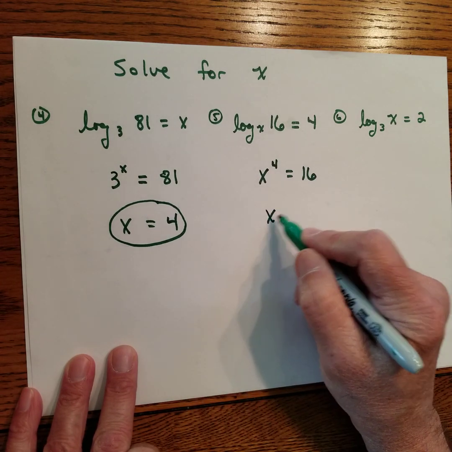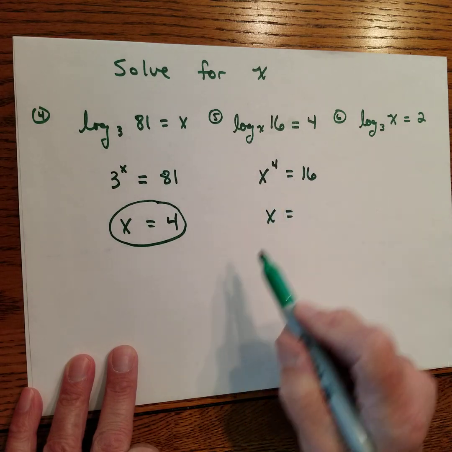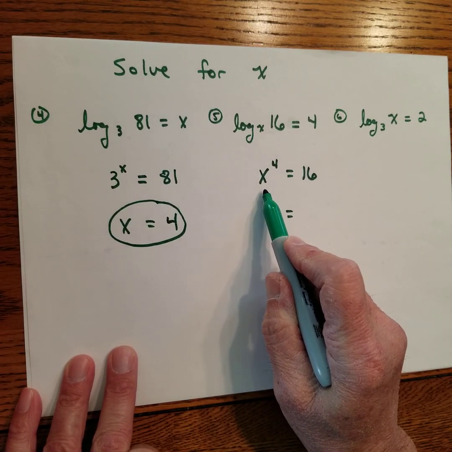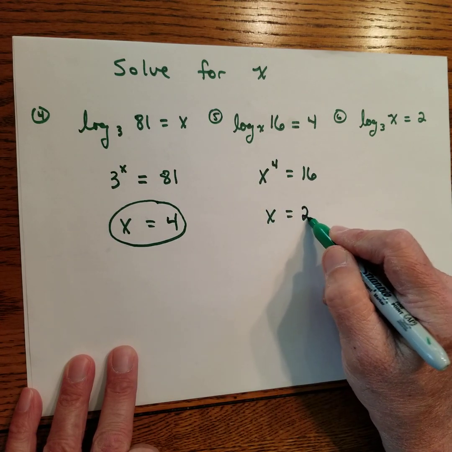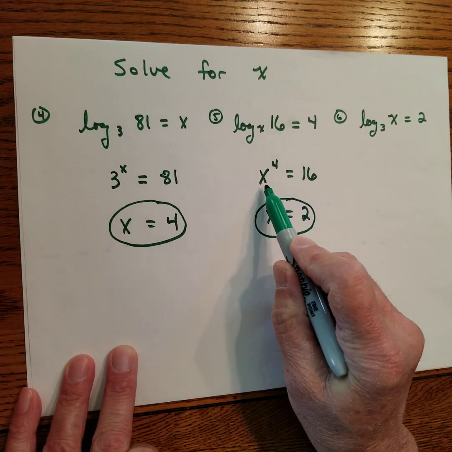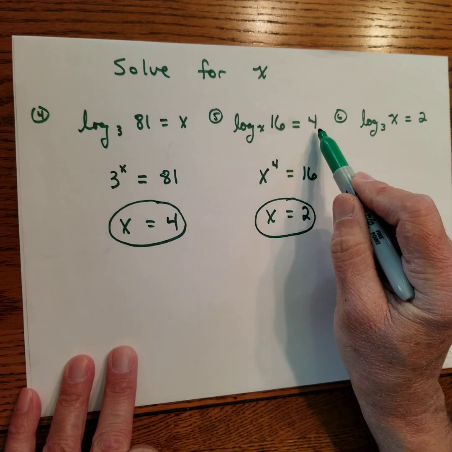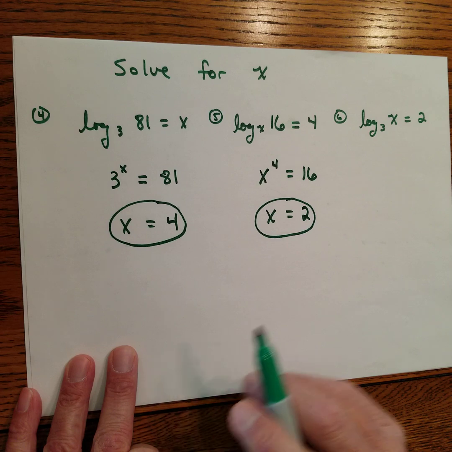Can you find a small number that you can multiply times itself 4 times and end up with 16? Well, I know 2 times 2 times 2 times 2, that's 16. Answer must be 2. It's 2 because 2 to the 4th power is 16. It's 2 because 4 is the exponent that changes 2 into 16.